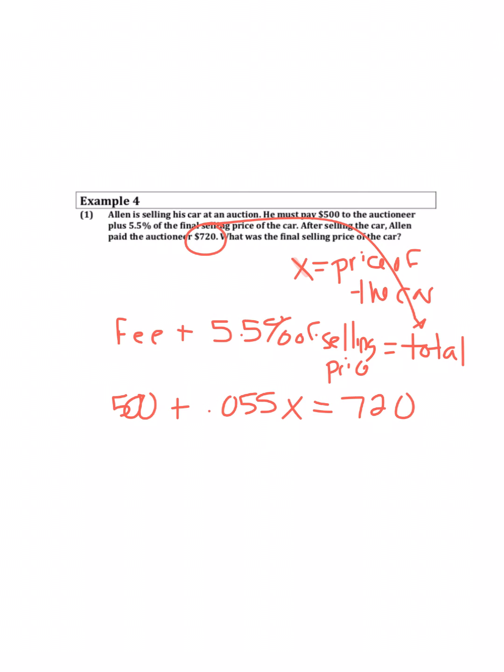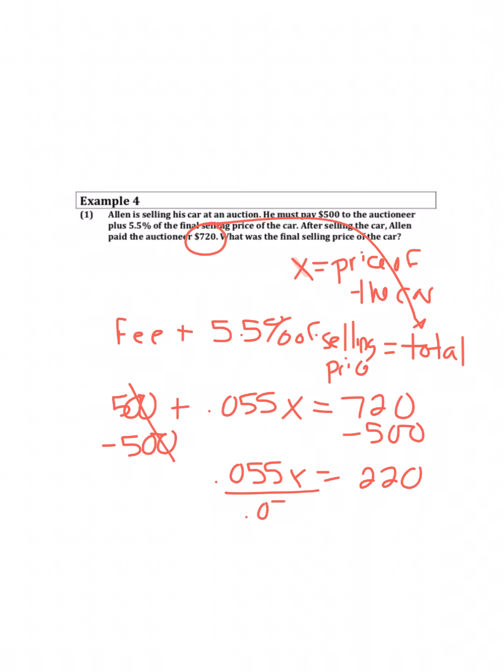Now we just need to solve it. So we'll start by getting rid of anything not attached to our variable using inverse operations. So we'll subtract $500 on both sides. Then we end up getting an answer of 220 on the right. Next, we'll divide by 0.055 on both sides.